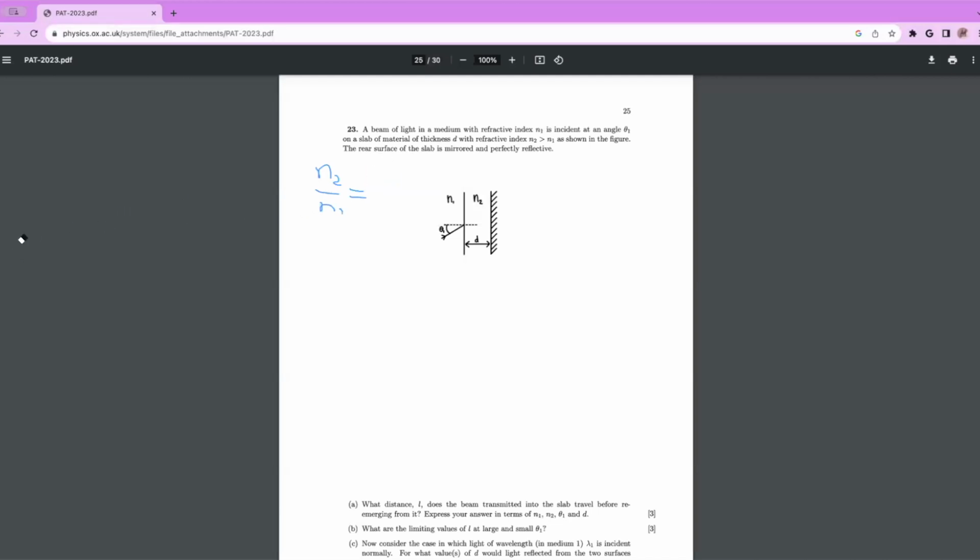Is it like d sine theta? Well, who knows? I'm not necessarily doing this to be correct, I'm just doing it to do it. So I'll just say d sine theta 2 over, oh, does this actually work?